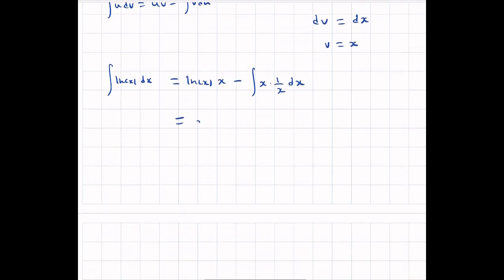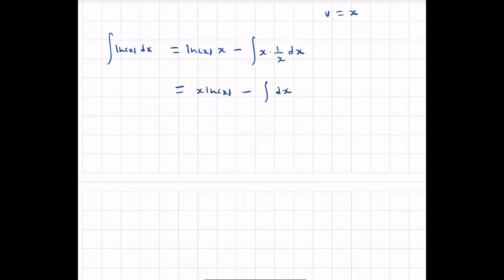So this ends up being x ln x, it's usually written, minus integral of just dx, which is what? It's just x. So the integral of ln of x is x ln of x minus x, plus a constant, of course, but this is the important part.